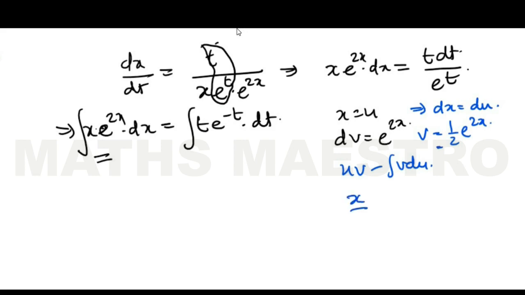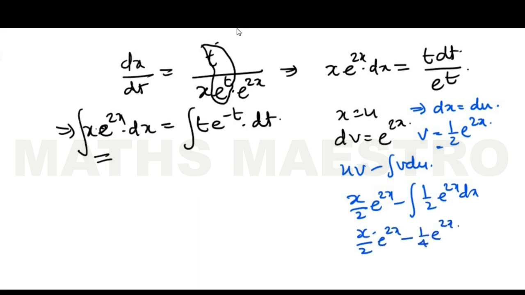So this will become x by 2 e to the power 2x minus v, which is half e to the power 2x, and du is dx. This again becomes x by 2 e to the power 2x minus 1 by 4 e to the power 2x.